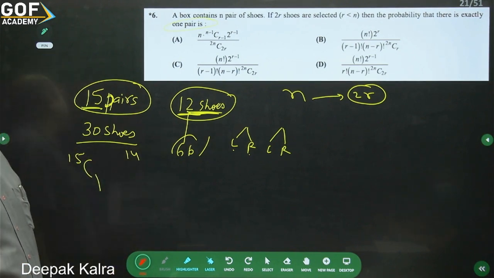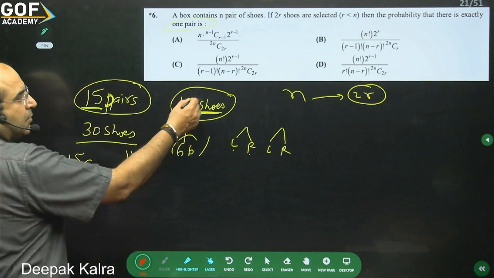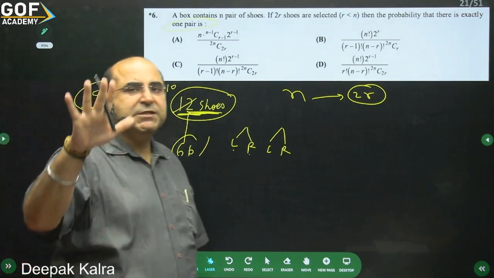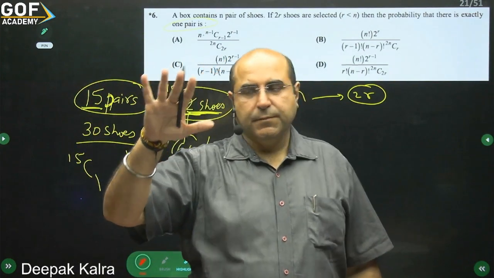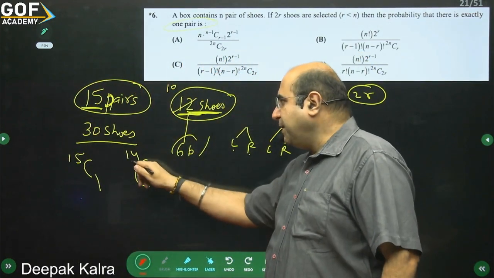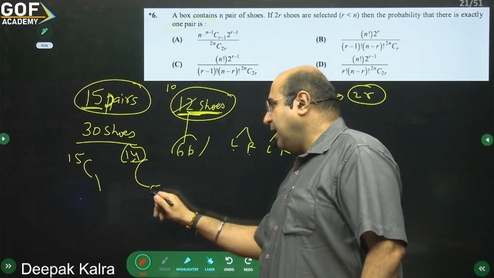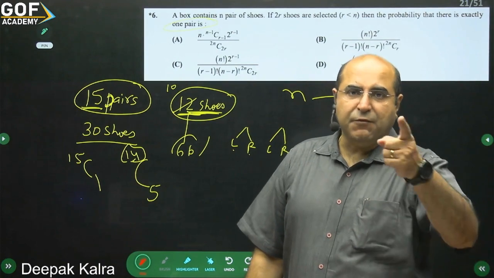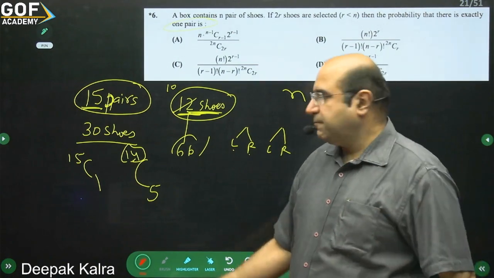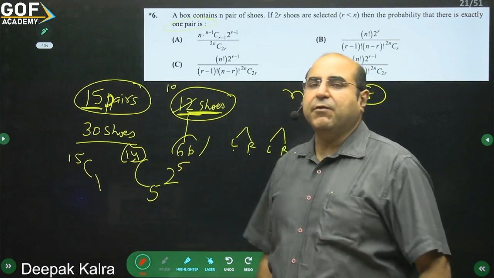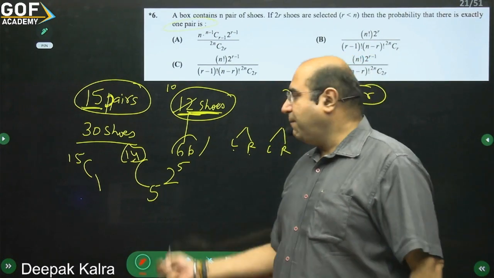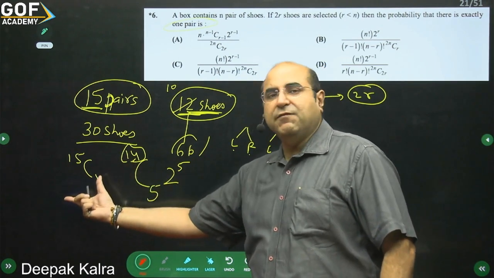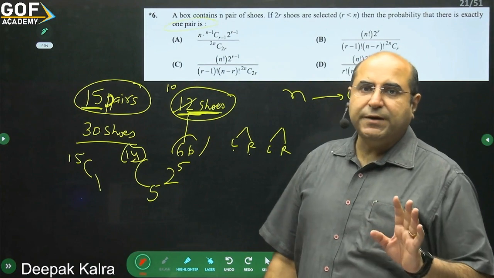How many are to be selected now? 2 shoes already selected, 10 are pending. 10 shoes pending means I will pick 5 pairs from 14 pairs, and out of those 5 pairs, I want an individual one from right and left, so 2 to the power 5. They will form 10 shoes which are not forming any pair, and exactly one pair at this end. You understood what I did?